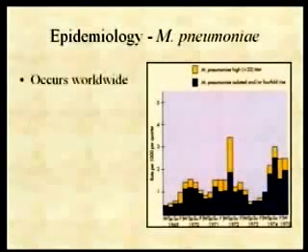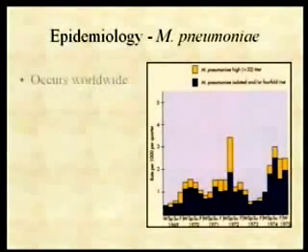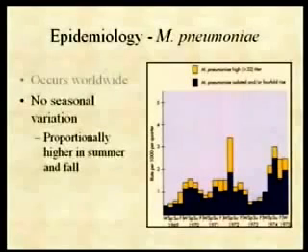These infections occur worldwide. There's no particular geographic distribution for these organisms. They're all over. And there's no seasonal variation, so the number of cases throughout the year is pretty constant.